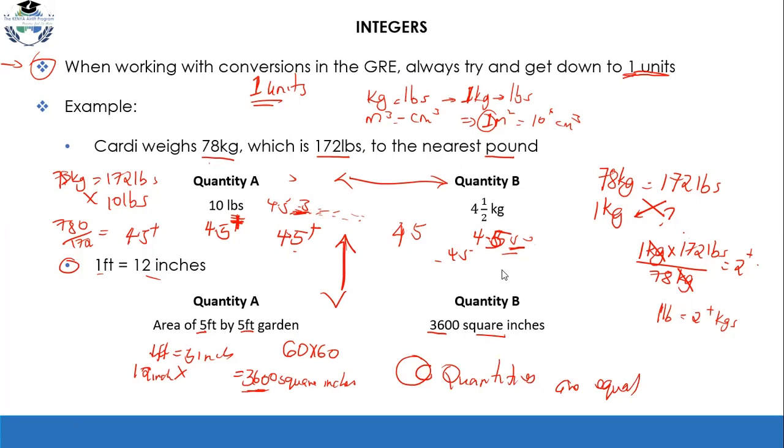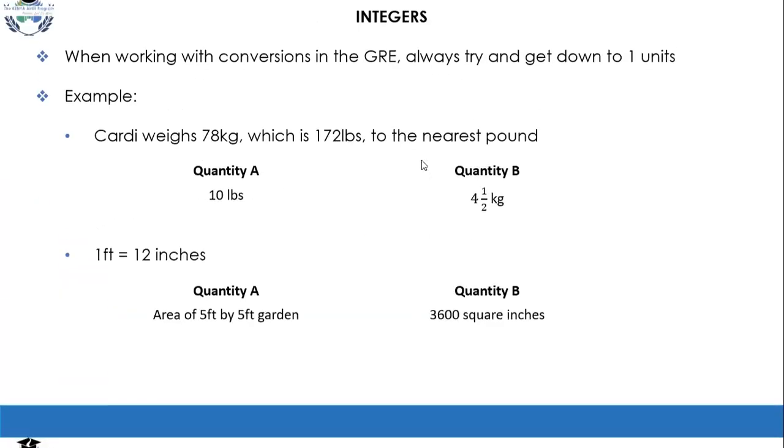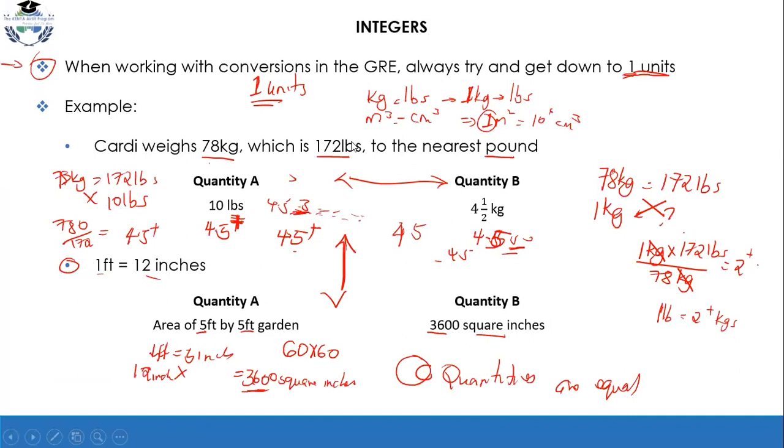Does the statement "to the nearest pound" matter in our analysis of question 1? Here, not necessarily. Let me see who asked that question. Jacob Kitinya. It depends. All right, Jacob, it depends on how exactly it's been used. For example, here, "to the nearest pound" means they used this conversion to get this one to the nearest pound.